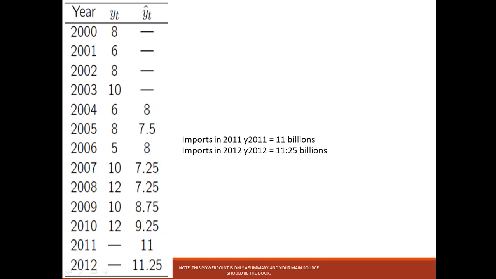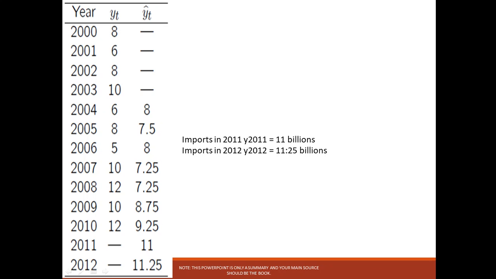We will add 10 plus 12 plus 10 plus 12 and we will divide them over 4. So the forecast of 2011 will be the summation of these 4 values over 4 and the result will be 11.